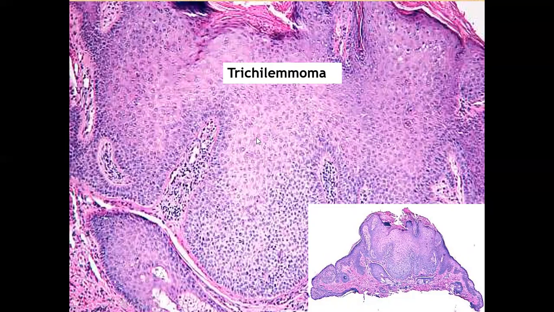So it is different from clear cell acanthoma in that in clear cell acanthoma, there is no crater formation. And it is different from keratoacanthoma in that in keratoacanthoma, the cells are not clear cells. So these two features, that is the presence of a crater and the cells underlying the crater being clear cells, are a hallmark of tricholemmomas.